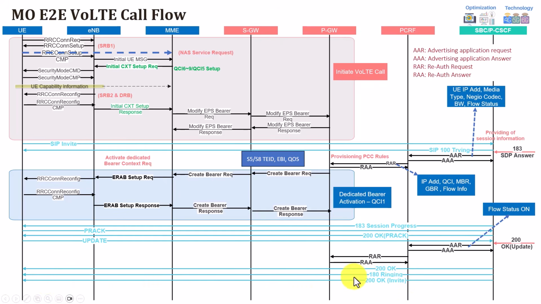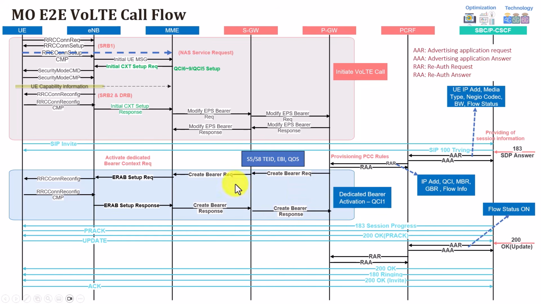Then after 180 ringing, it will send 200 OK invite, confirming I answer the call. 200 OK invite comes after the 180 ringing once the user picks up the call. So the terminating picks the call, and it sends 200 OK for the same invite, confirming. Once the user confirms that he sees the message, he will send the acknowledgement message, as you can see here, confirming the call is being established.